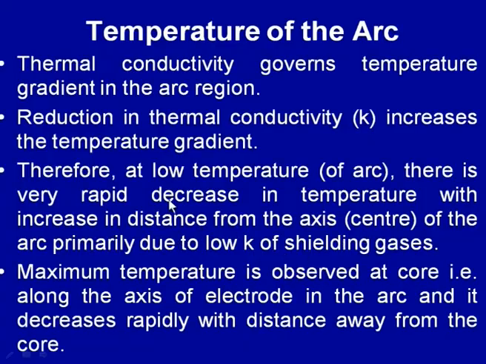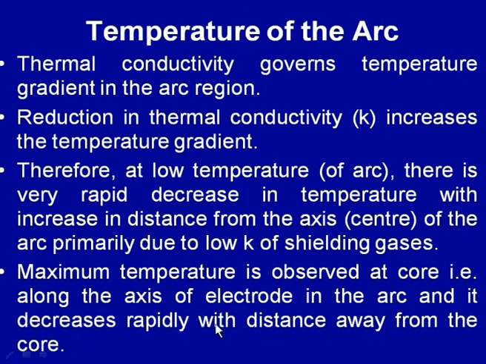If we increase the welding current, it will increase the temperature of the arc zone, which in turn will increase the thermal conductivity of the shielding gases, which in turn will decrease the temperature gradient from the axis of the arc to the surface of the arc. The maximum temperature, as we have seen, is observed at the core of the arc, along the axis of the electrode in the arc region, and it decreases very rapidly with increasing distance away from the core.